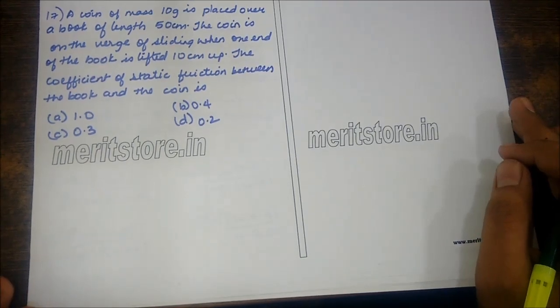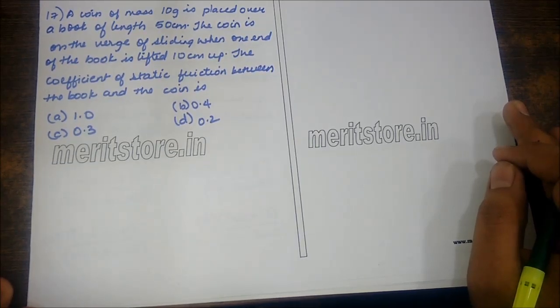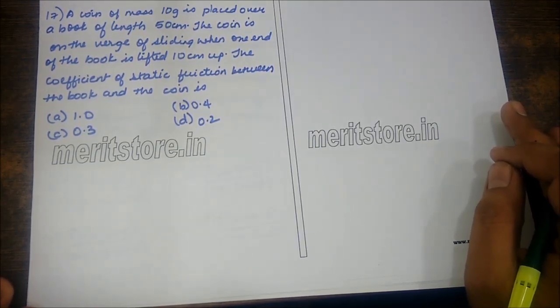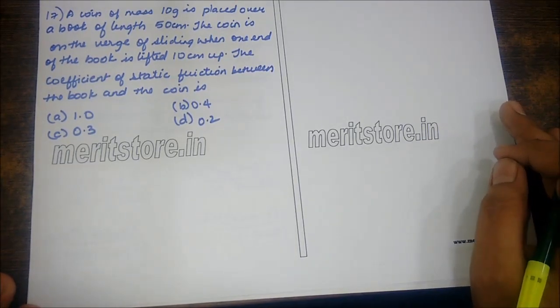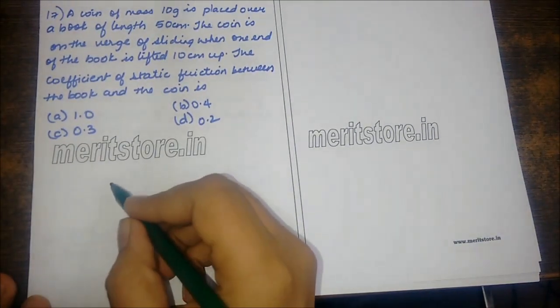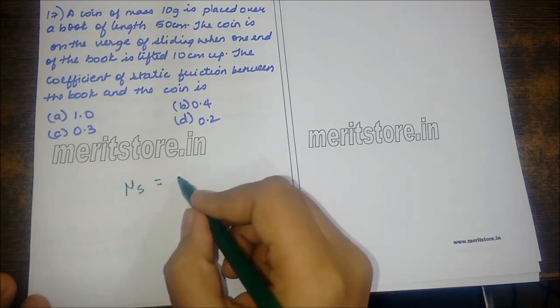A 10 gram coin is placed over a book of length 50 centimeter. The coin is on the verge of sliding when one end of the book is lifted 10 centimeter up. The coefficient of static friction between the book and the coin is? So now we know that the tangent of angle of repose is equal to the coefficient of static friction.